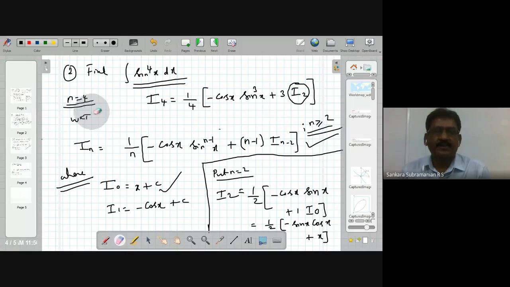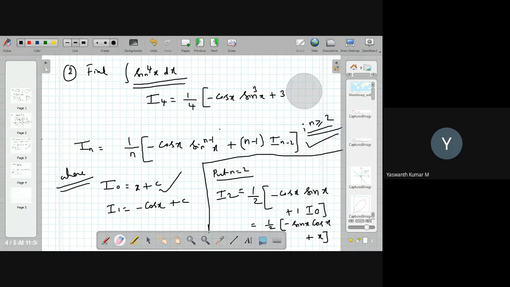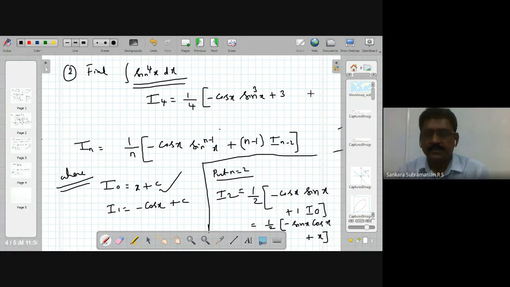Substitute here. So this is equal to 3 by 2 into minus sin x into cos x plus x.